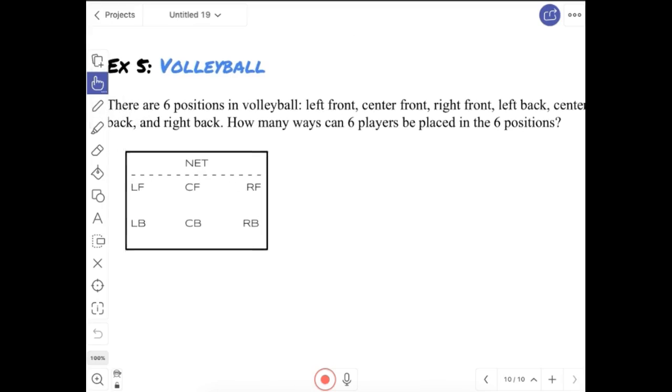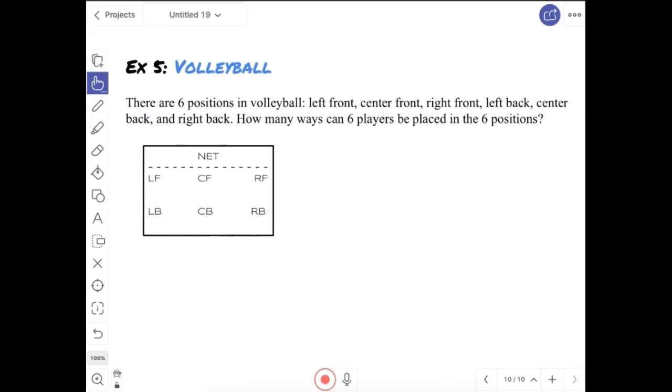And then the very last thing here, we're looking at volleyball. There are 6 positions in volleyball: left front, left back, center back, and right back. How many ways can 6 players be placed in 6 positions? For this type of problem, it's a little bit like our counting principle with multiplication.